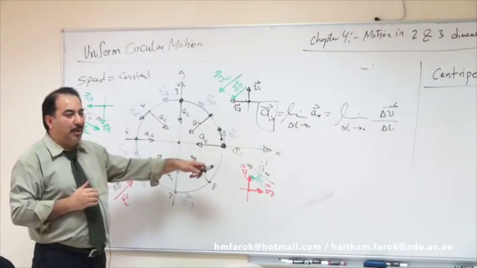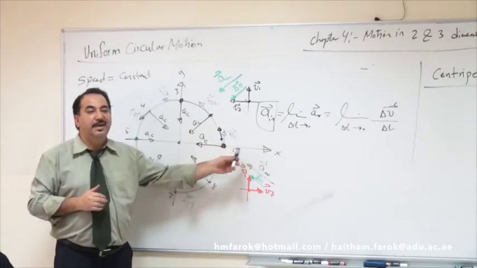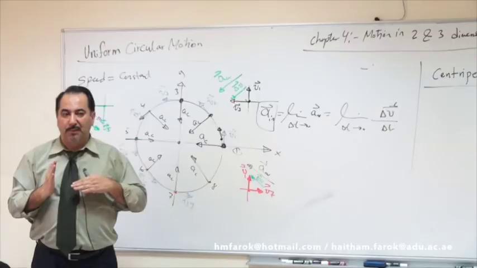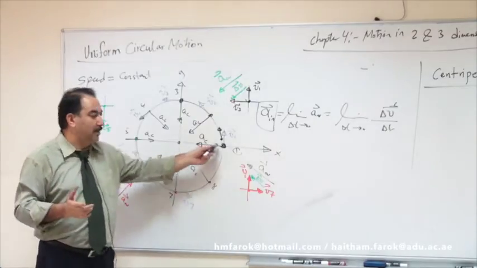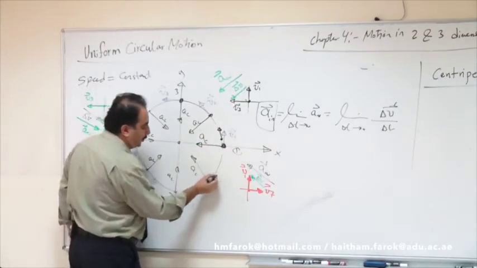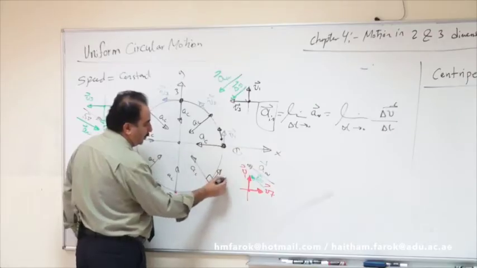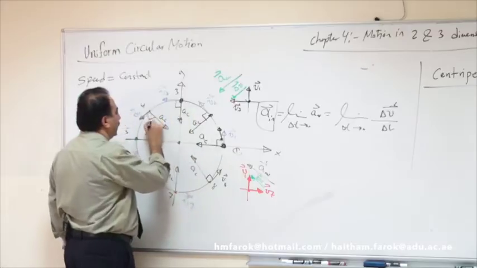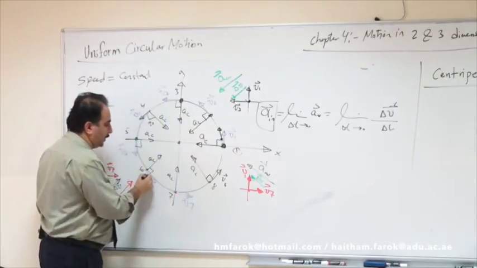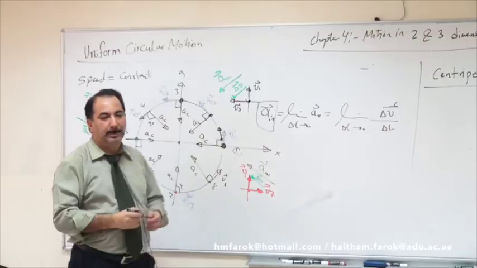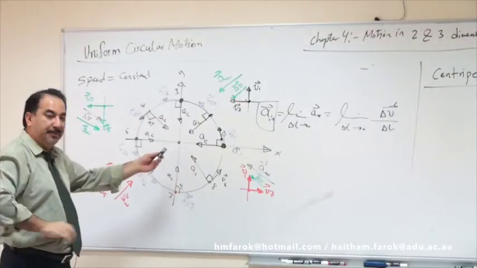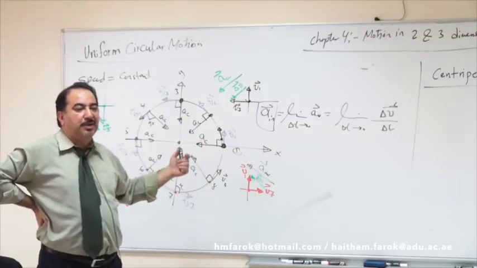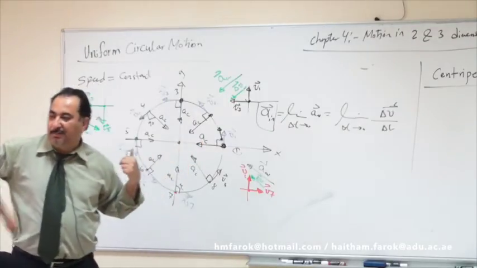What can you tell me about the direction of AC and V at any point? Perpendicular. Always 90 degrees. Right. The centripetal acceleration AC, is its direction constant or does it change?